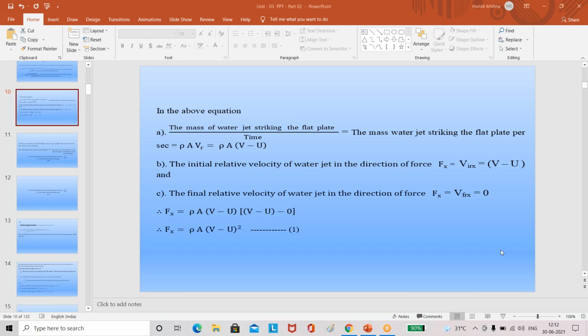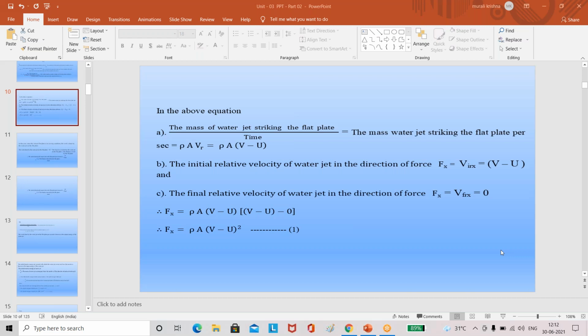After that, in the last class, we also discussed the work done by the water jet on the vertical moving flat plate. Since the flat plate is in moving condition, the water jet did some work on that moving plate.